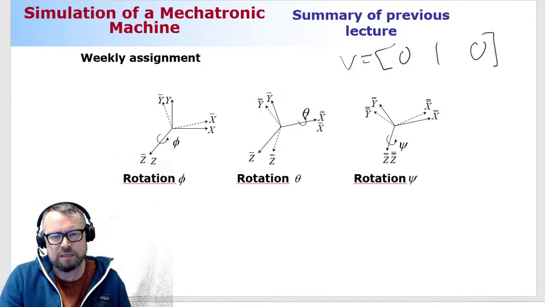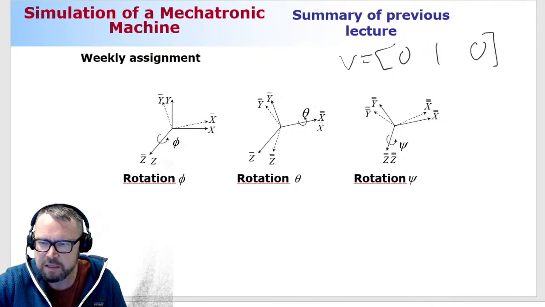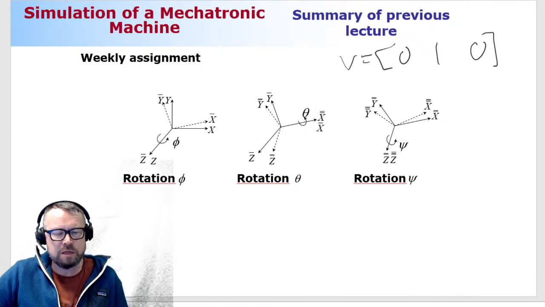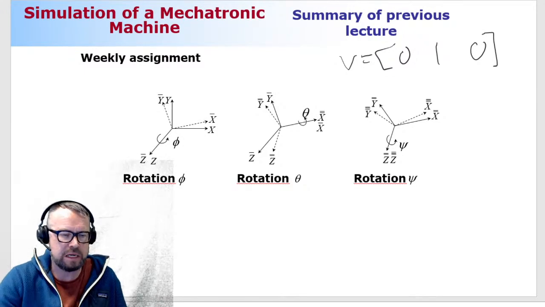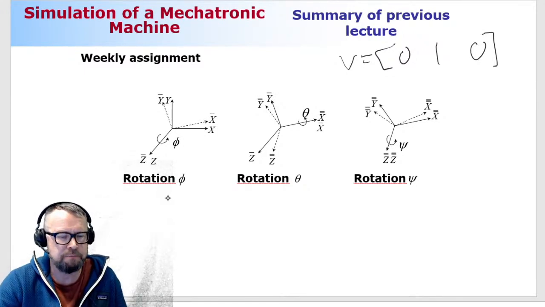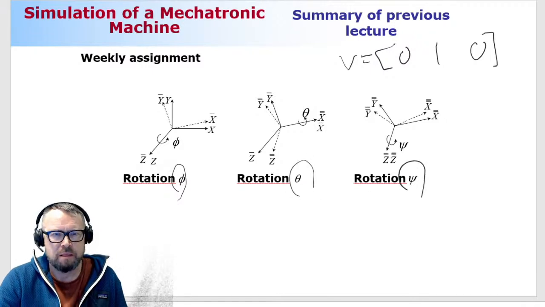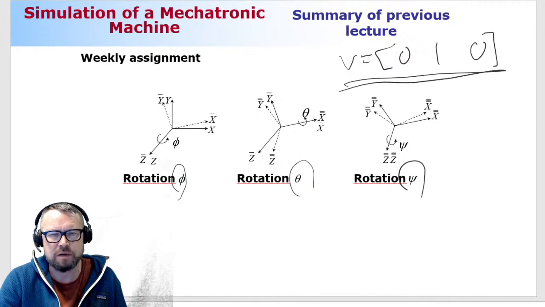And that obviously is the definition of the y-coordinate axis. So how can we introduce that? Because if you look at these phi, theta, and psi, none of them are related to the y-coordinate axis. None of them are related to this vector here. How can we solve this problem?